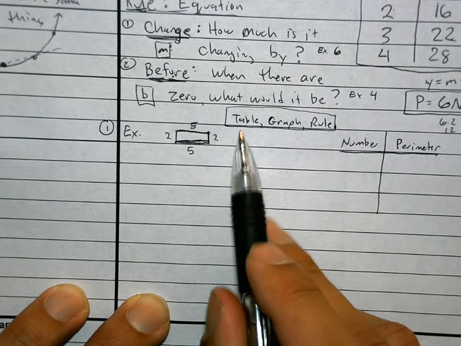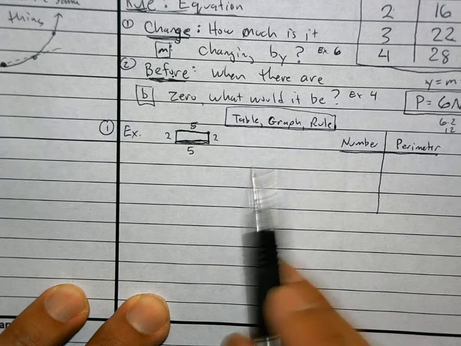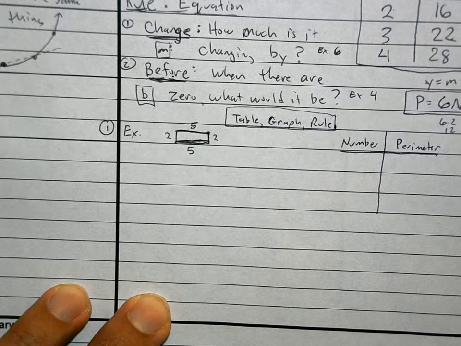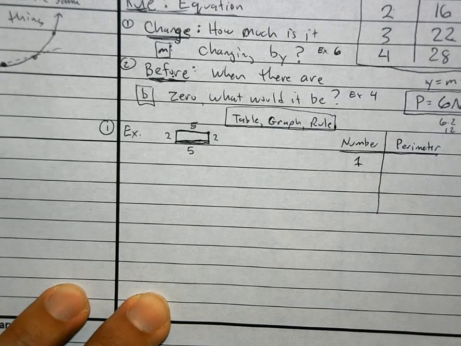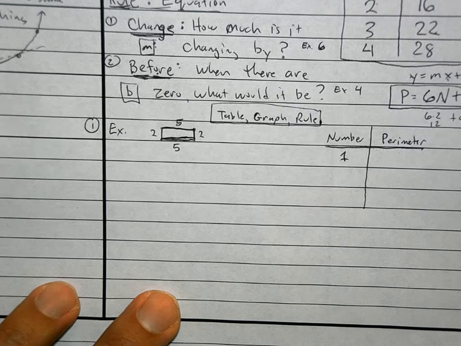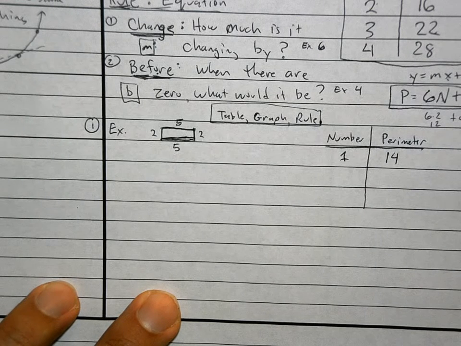Table, graph, and a rule. How many rectangles do you have? What's your perimeter? Good. Your perimeter is 14, and that's for 1 rectangle.